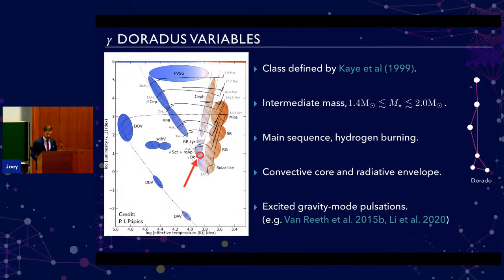They are on the main sequence, hydrogen burning in a convective core with a radiative envelope. They show a large number of excited gravity modes, making them very nice candidates to study what is going on inside of stars. They're situated right there in the Hertzsprung-Russell diagram, along with other types of pulsators.